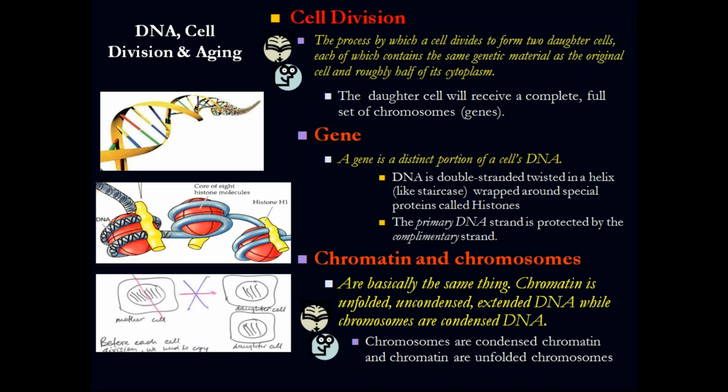Fast cell division occurs, for example, in the hair, the lining of the intestines, and the bronchial tree, the lining of the bronchi. Those are the ones that have fast division.